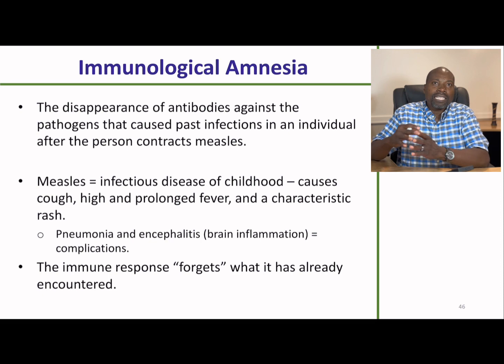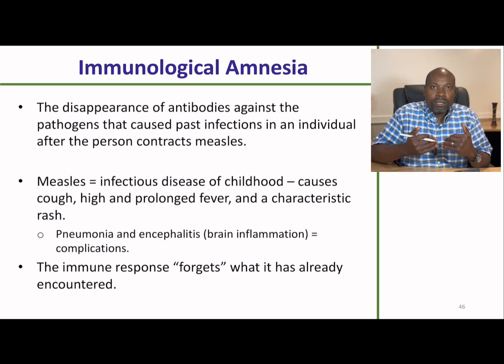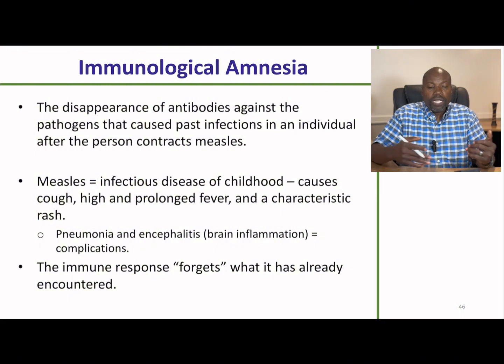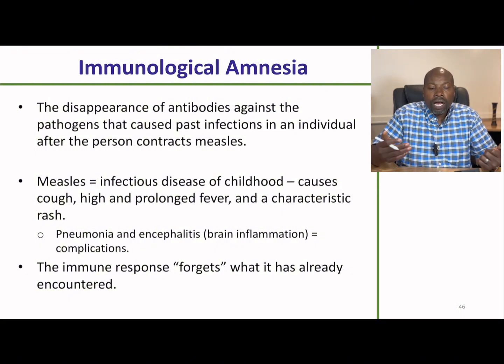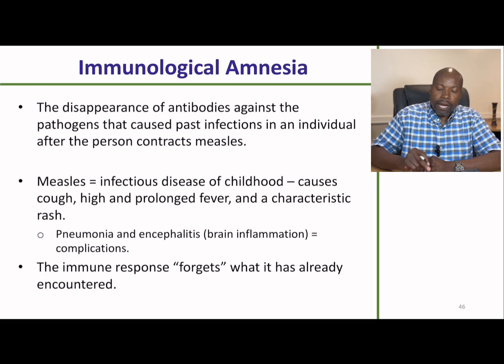So that each time we get infected, our body has to start the protection system from scratch, right? So that is basically what we call immunological amnesia, right? Where our immune system is losing the ability to actually protect itself against an infection that we already encountered at some point, right?